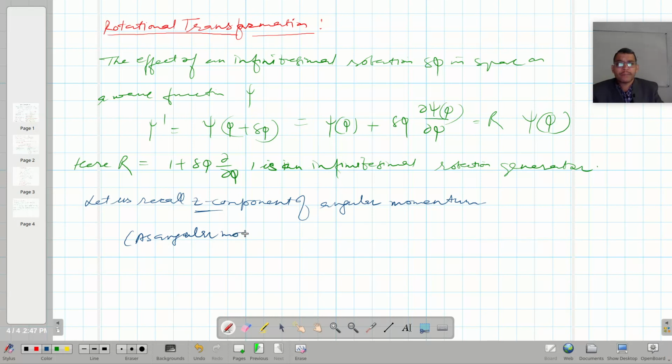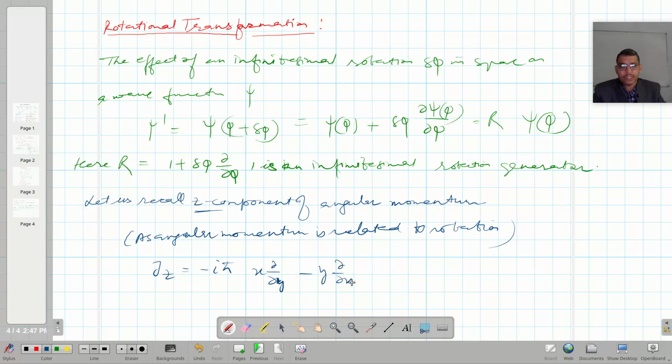That's why I am considering the z component of the angular momentum. So Jz can be written as minus iota h cross times (x d/dy minus y d/dx), and this is basically equivalent to d over d phi.